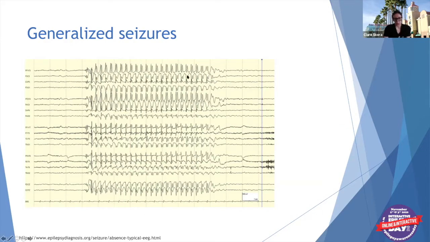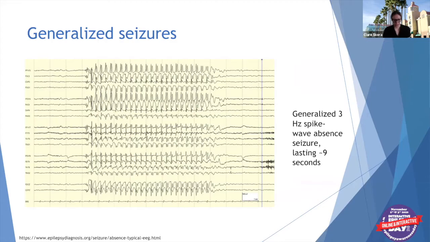And usually when we see things like this, this was taken from a book, but presumably the child is blowing on the pinwheel. And when this seizure happens, they stop blowing, zone out, do the typical staring spell. And then as soon as this is over, they return back to themselves and resume blowing. And so this is a generalized 3 hertz spike wave absence seizure that lasts about 9 seconds.